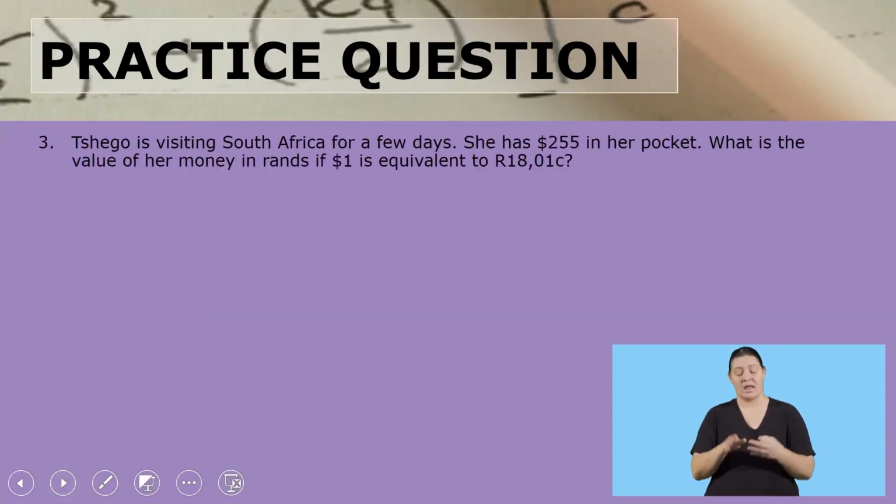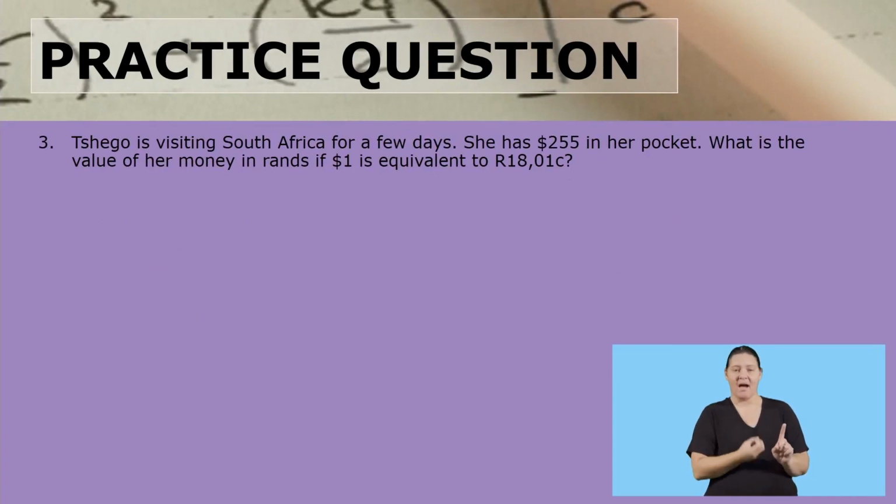The next one here is that Tshego is visiting South Africa for a few days. She has $255 in her pocket. What is the value of her money in rands if $1 is equivalent to 18 rands and 1 cent?